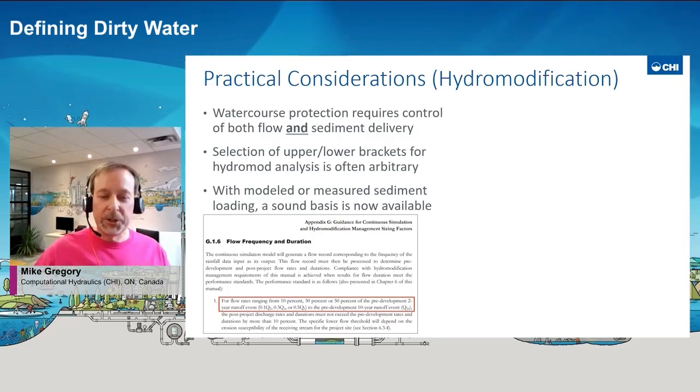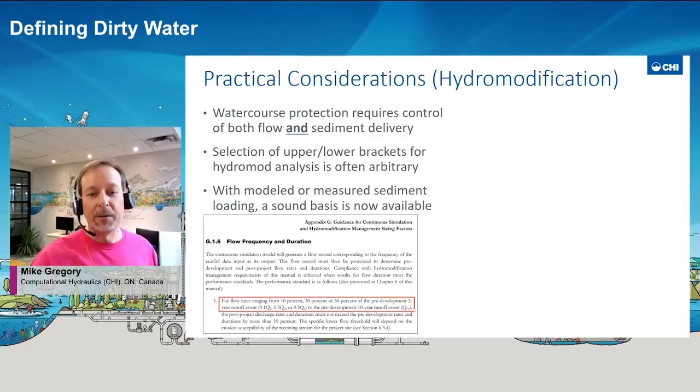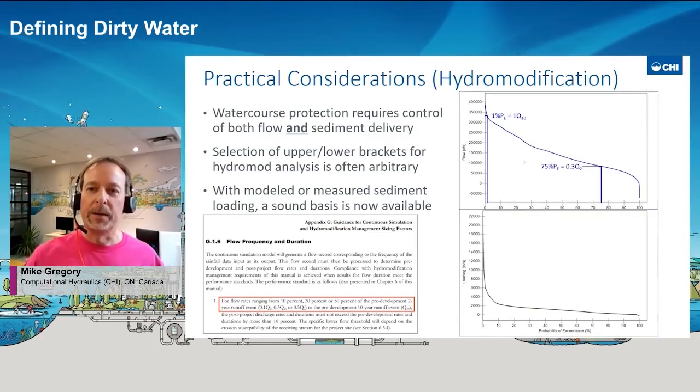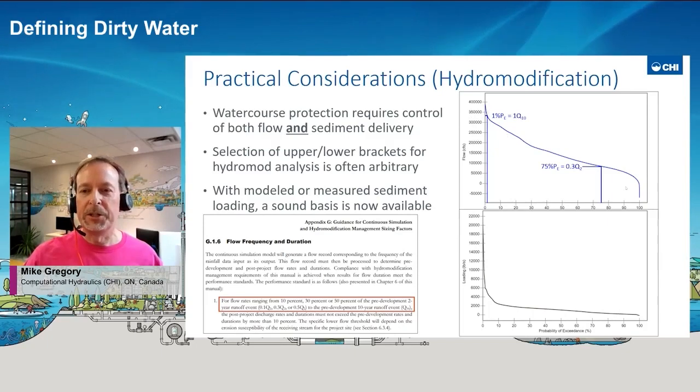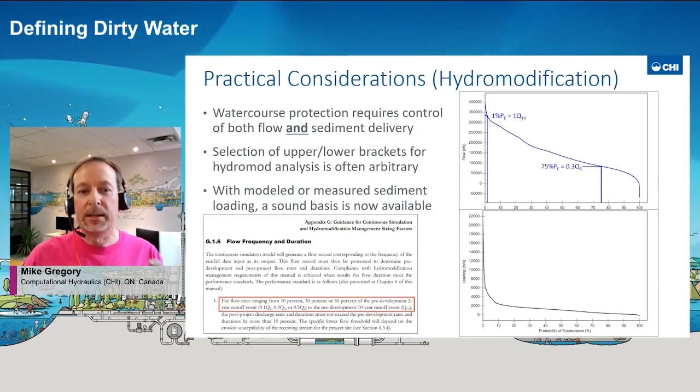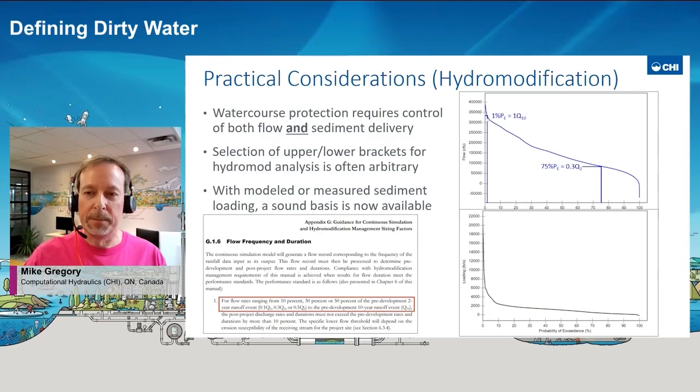I have no issues with the lower brackets here. I have a big issue with this upper bracket, the 10-year flow. Let me show you what that means. If we look at the flow hydrographs here on the top, the flow duration curve, you see the 1% probability of exceedance actually corresponds to the 10-year return period flow.